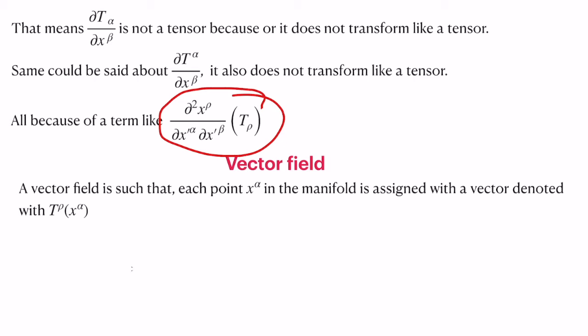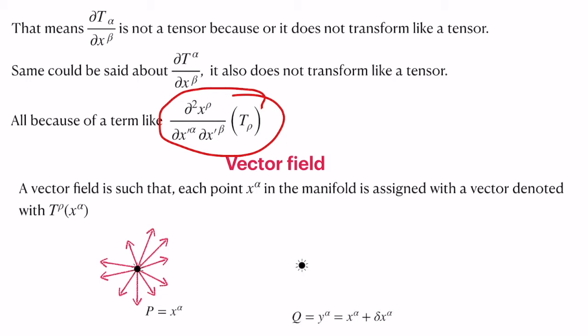What is a vector field? Unlike flat geometry, what we call a vector space is defined at each point. That is, the point x equal to p is one point which may be associated with the coordinate x alpha, and then we might have various vectors at that point, and all together they form a vector space.